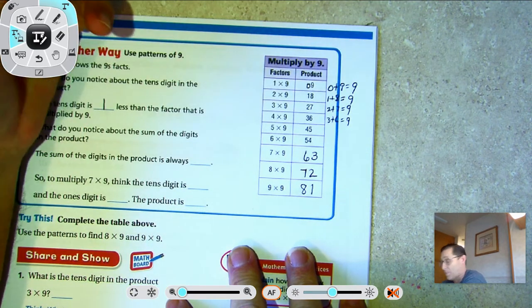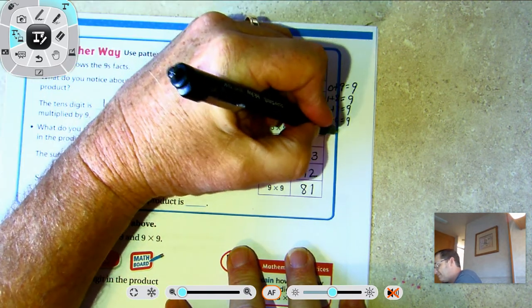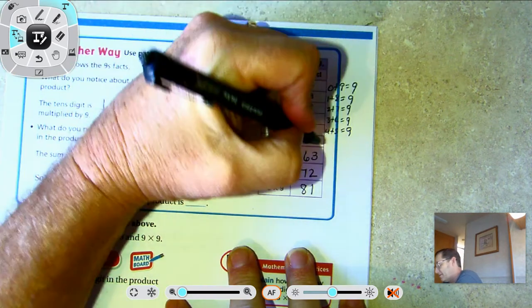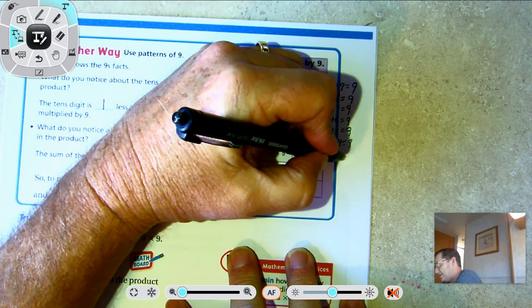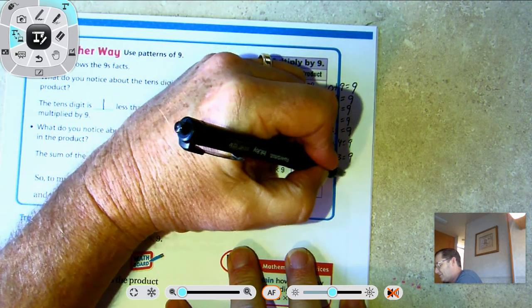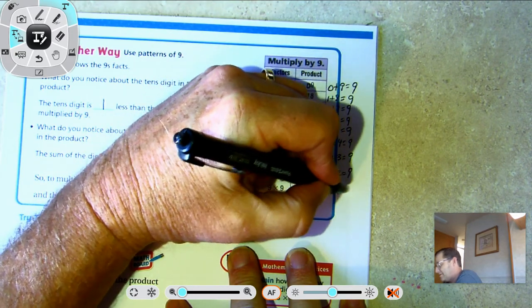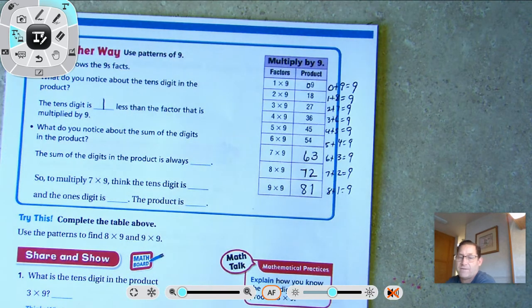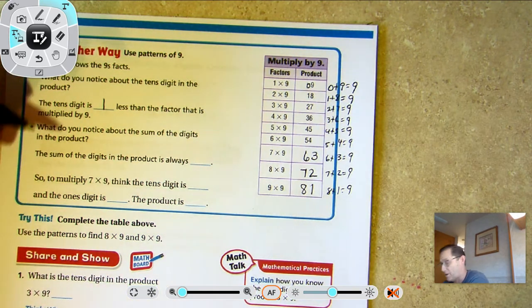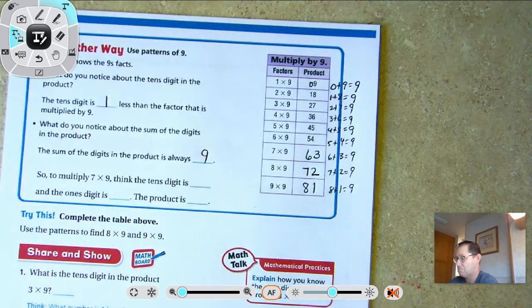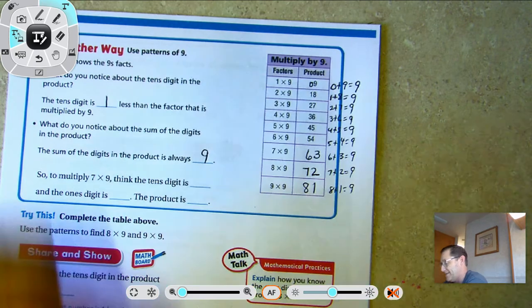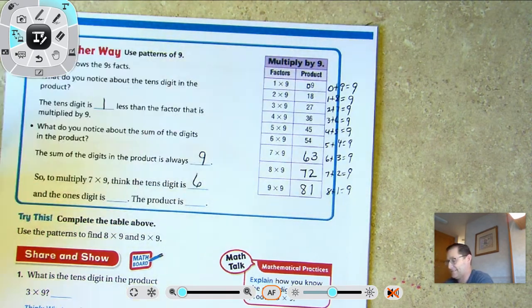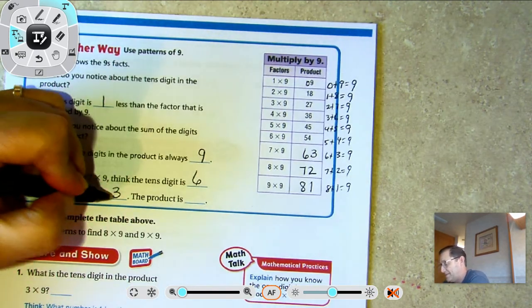You notice a pattern here? 4 plus 5 is 9. 5 plus 4 is 9. 6 plus 3 is 9. 7 plus 2 is 9. 8 plus 1 is 9. Oh, so the digits, whenever I multiply by 9, add up to 9. The sum of the digits in the product is always 9. So to multiply 7 times 9, think the tens digit is 6, and the ones digit is 3.